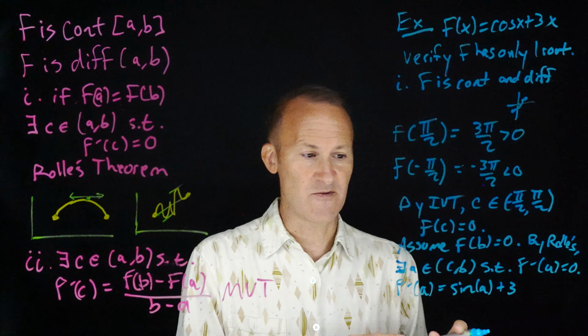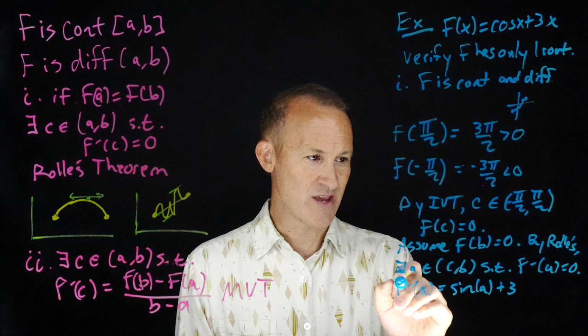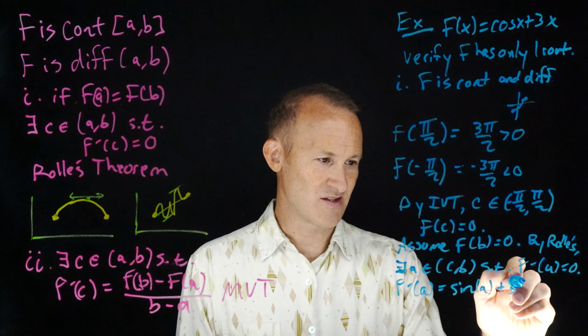And so because sine of a is between negative 1 and 1, this must always be greater than 0, which is a contradiction. The contradiction is from our assumption that there is a second root. So that in effect proves that there is one and only one root.